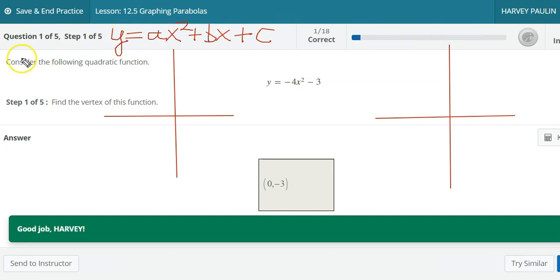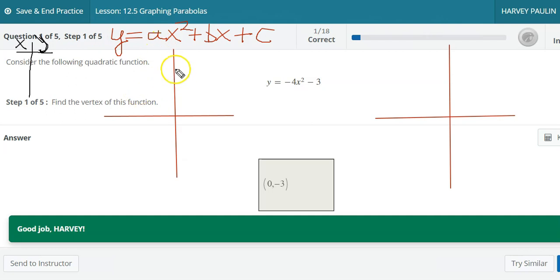Now, when we make a t-chart, let's say, and we put in various points for x, and my pen's not working too well, we're going to get a graph.